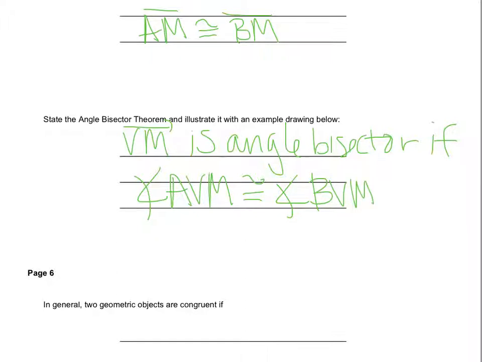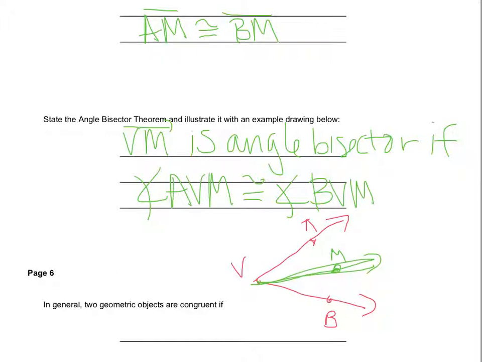So that's saying if you had an angle like this, and this was A, and this was V, and this was B, and then I had in here ray VM. The only way that that can be the angle bisector, remember bisector means to split in half, okay, is if this top part is equal to that bottom part. That's the only way it can be the angle bisector.